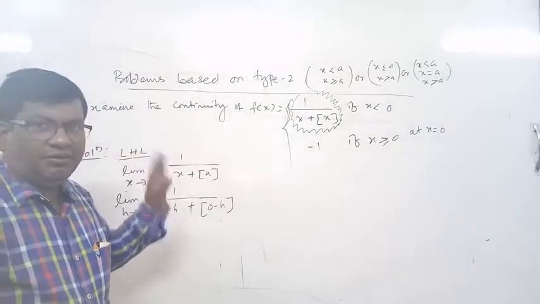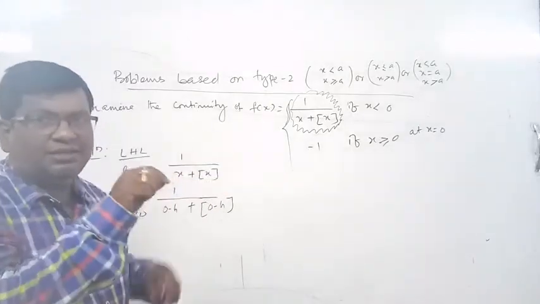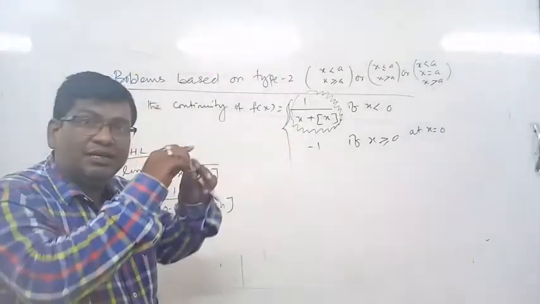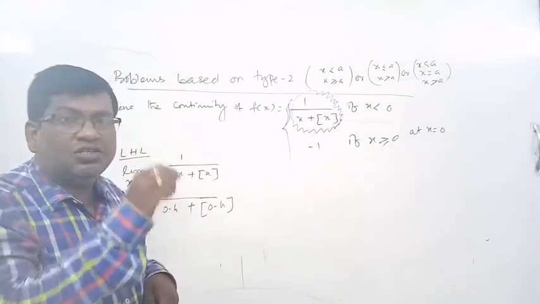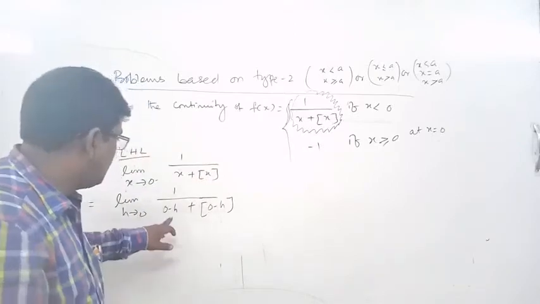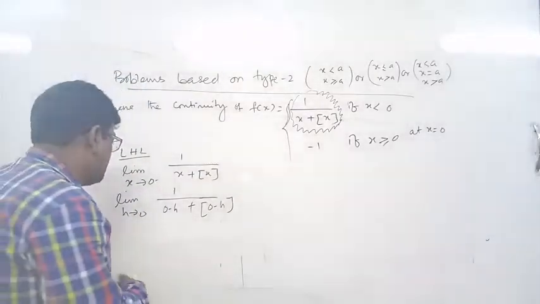Clear? In case of square brackets, or bracketed function, if h is present in between the square brackets, then consider h as a very small positive quantity, not 0. But here you can put h equal to 0.